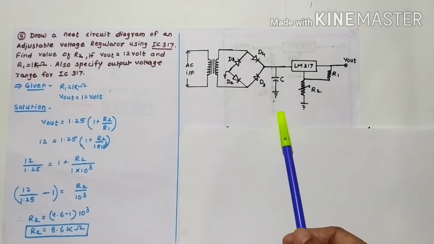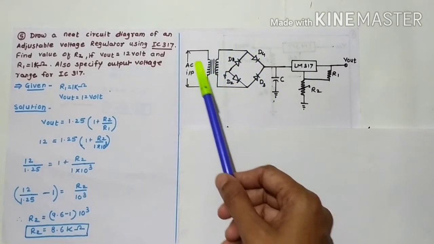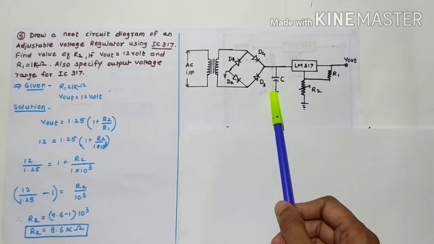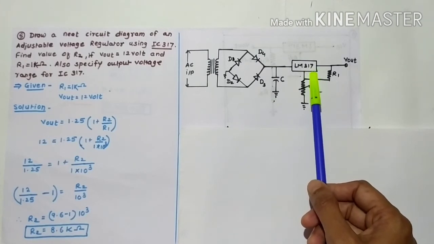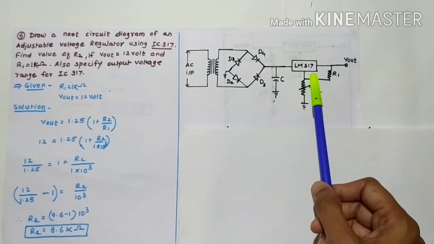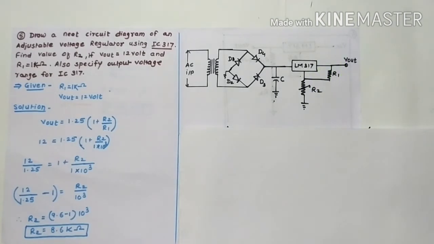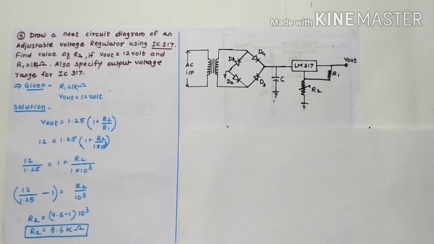You have to draw this bridge rectifier with AC input and transformer, then capacitor. This IC LM317 has only 3 pins, therefore this is the input pin, this is adjustable and this is the output pin. Is that clear, students? This pin is grounded here. Okay. In this way, this is a complete solution of the given problem.